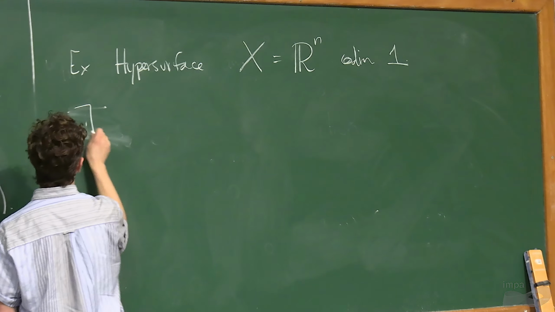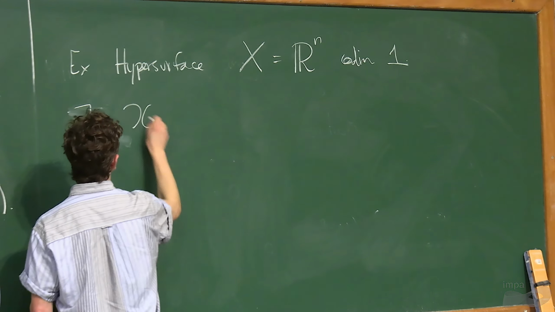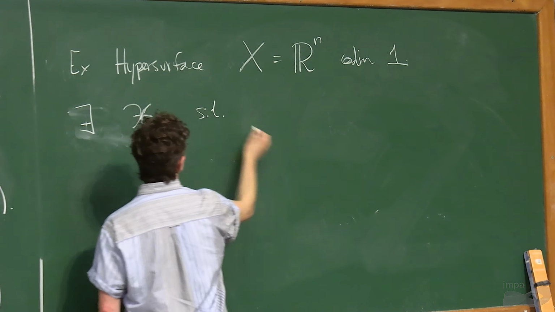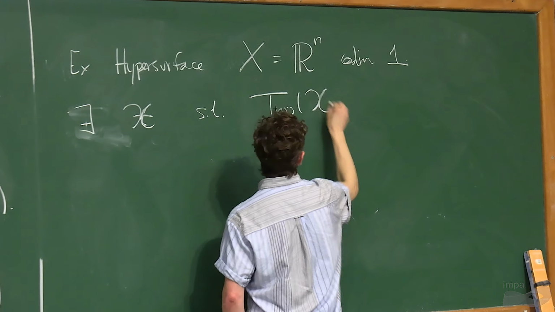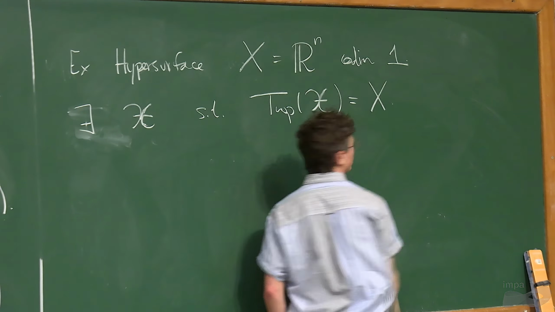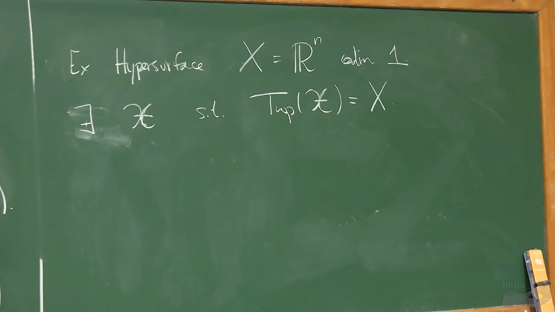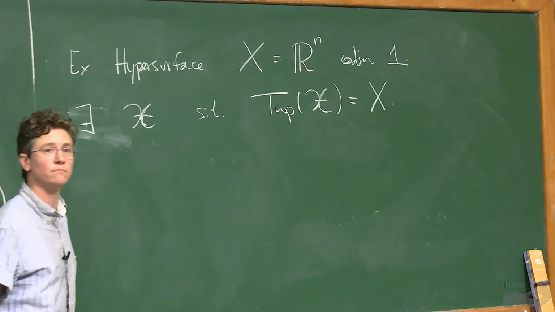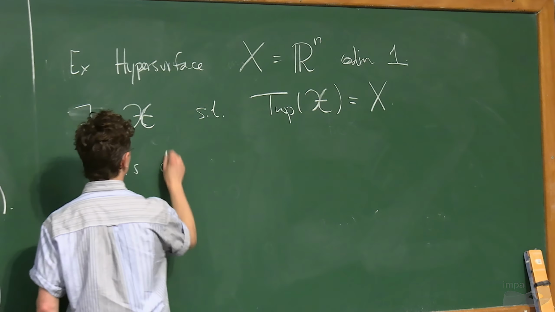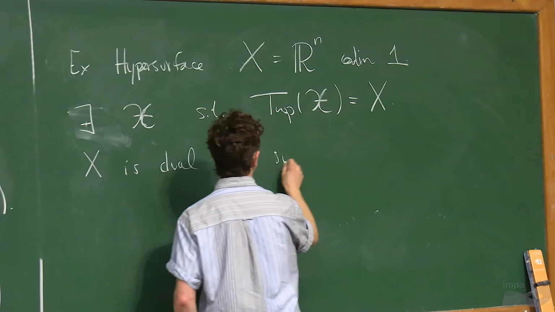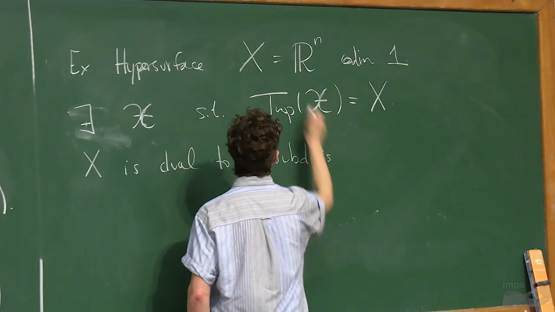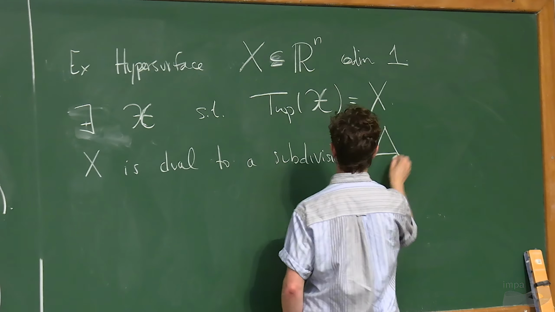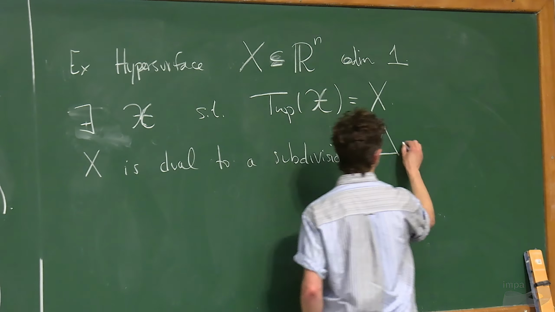So there always exists a family of hypersurfaces such that the tropicalization is equal to this X. And this locally matroidal condition comes down to this: there's always a dual subdivision, dual to a subdivision of the Newton polytope.